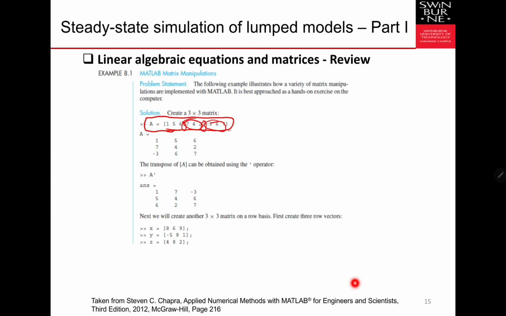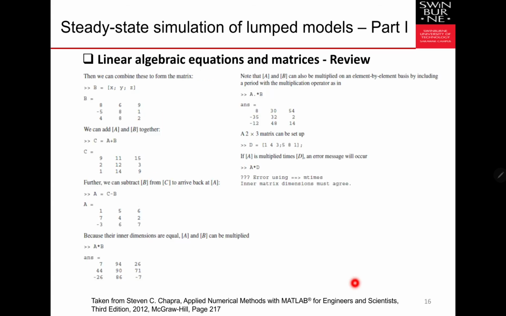The transpose can be given simply by putting an apostrophe after A. We can also create another 3 by 3 matrix in an equivalent way, by writing x, y, and z separated by semicolons. A and B can be added or subtracted, and they can also be multiplied.